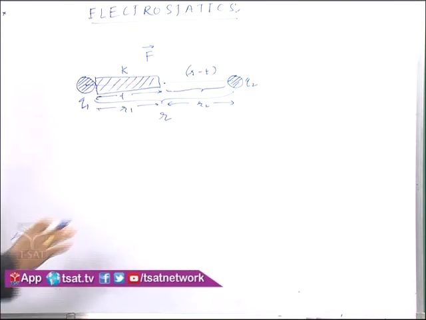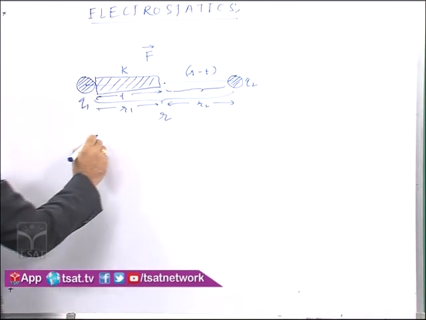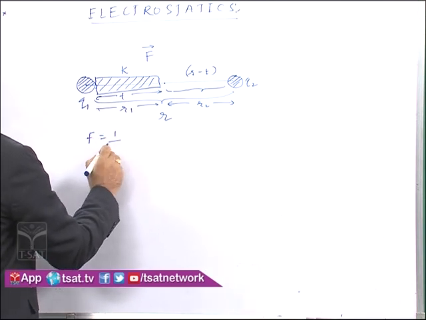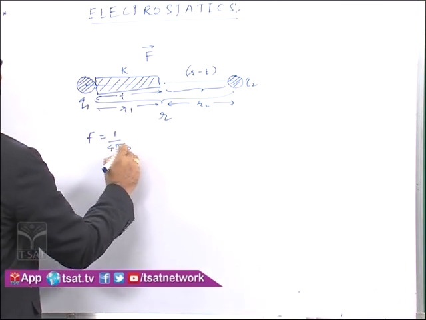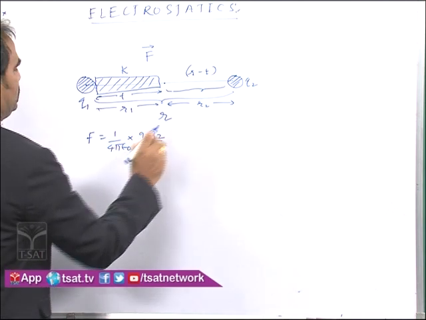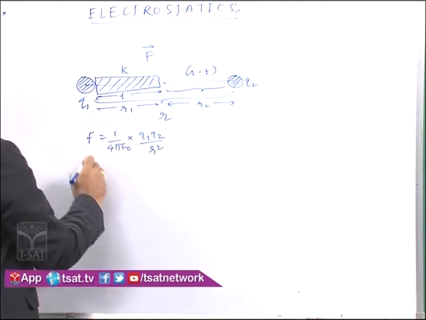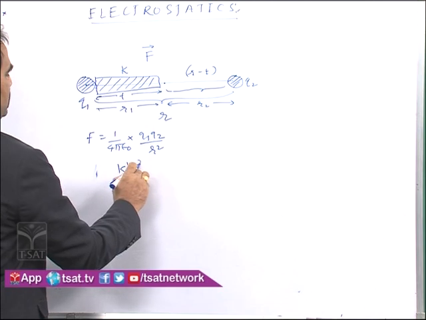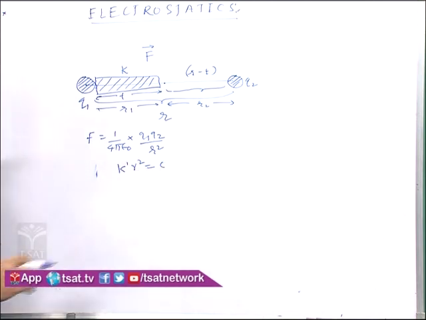Therefore, before placing the dielectric constant, you already know the interaction force is F equal to 1 by 4 pi epsilon naught into Q1 Q2 upon R square. In the presence of a dielectric of constant K, K into R square is equal to some constant.